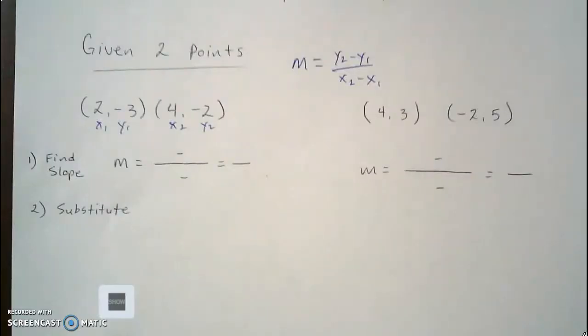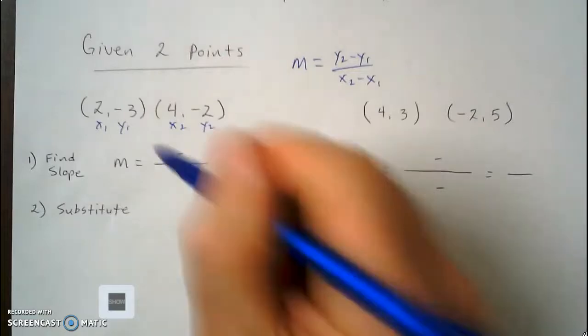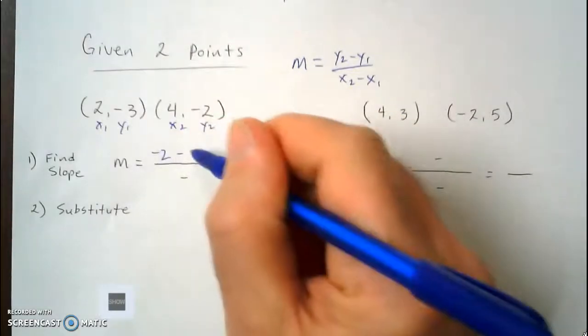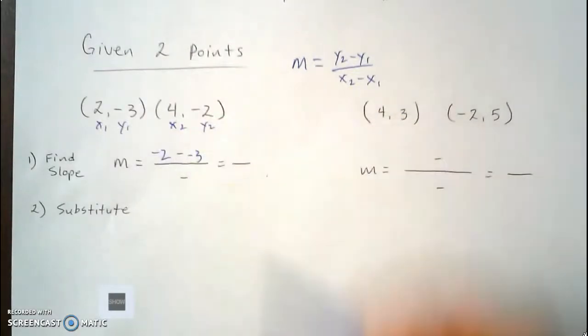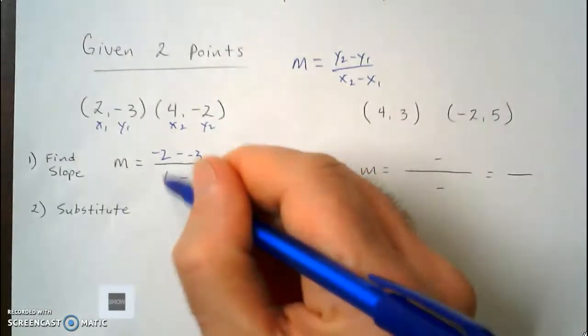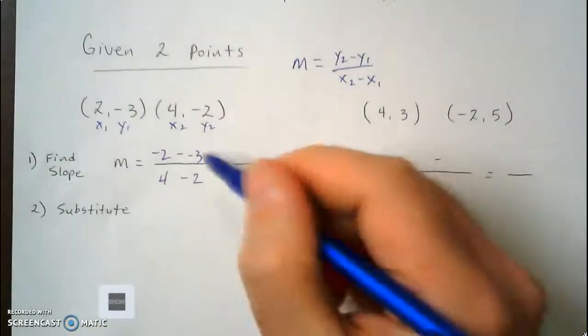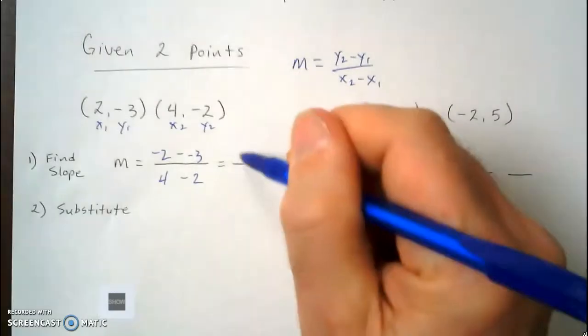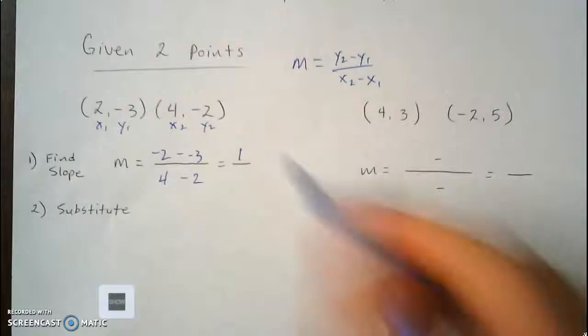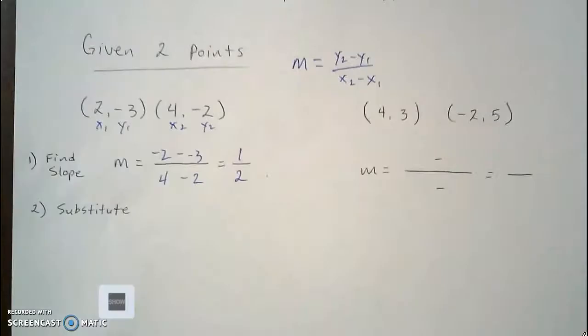That's just the slope formula that I showed you on the formula sheet. So negative 2 goes here, negative 3 goes there, and the denominator x2 minus x1. The numerator is going to be a 1. Be careful with your negatives. Denominator's 2. So slope is 1/2.